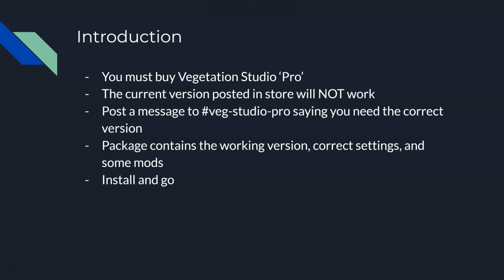At that point, I will reply back with a Unity package that not only contains the version that works in Unity 2018, but that package also has some mods to it. Those mods have some settings that we think are appropriate and some custom scripts some people in the community wrote. So it'll save you a little bit of time of having to install that stuff later on, okay? So I'll send you that Unity package and then you can install it and go, which is what we're going to cover in the rest of this video.